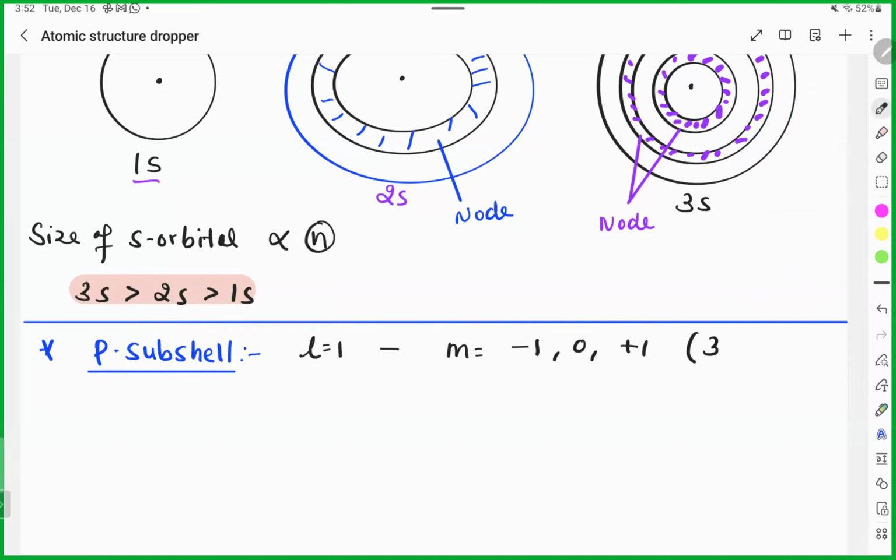So total 3 orbitals. These have different naming. In the p subshell you have 3 orbitals, and these 3 orbitals will be px, py, and pz. All will have equal energy, and there will be one node in every situation.